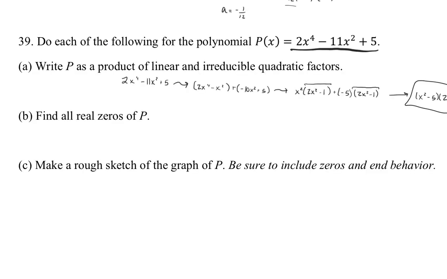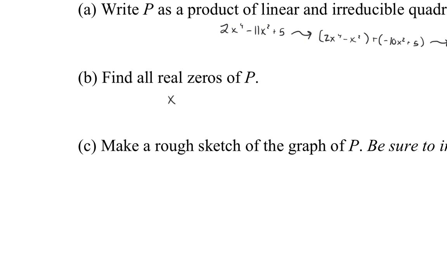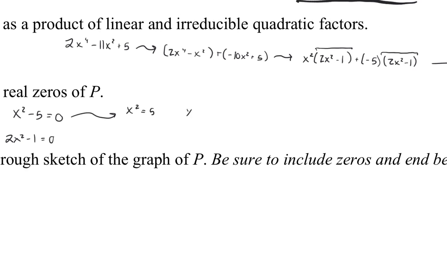Next, we want to find all real zeros of P. So what that's going to look like is when x squared minus 5 is equal to 0, and 2x squared minus 1 is equal to 0. So this first part is going to give us x squared is equal to 5, or x is plus or minus the square root of 5.